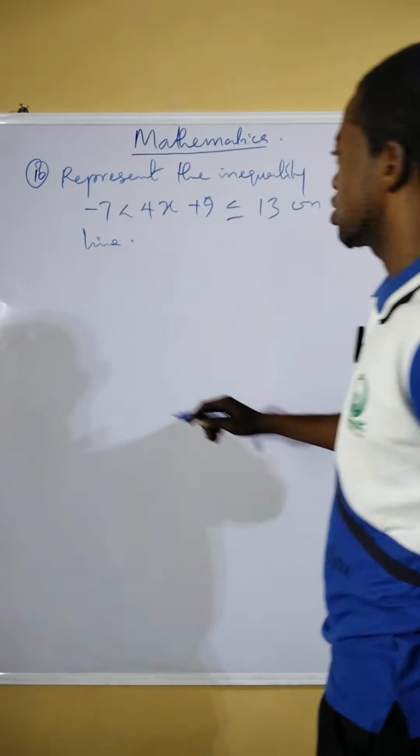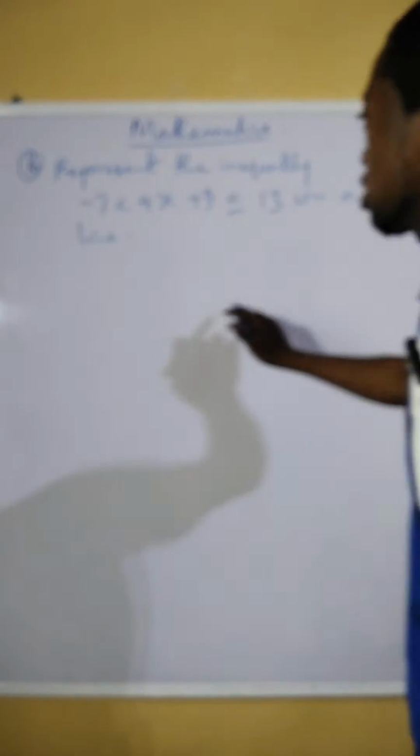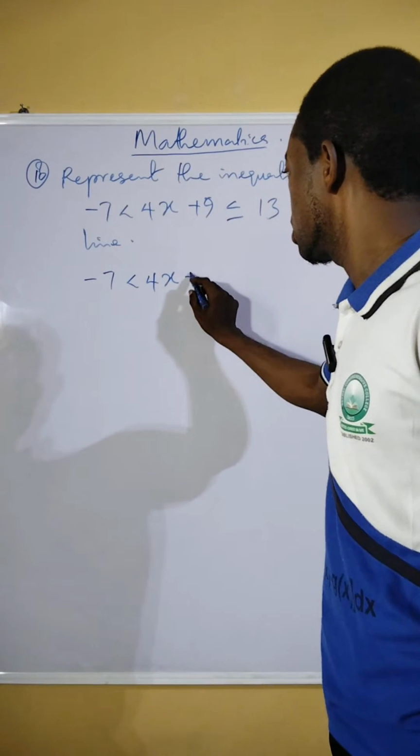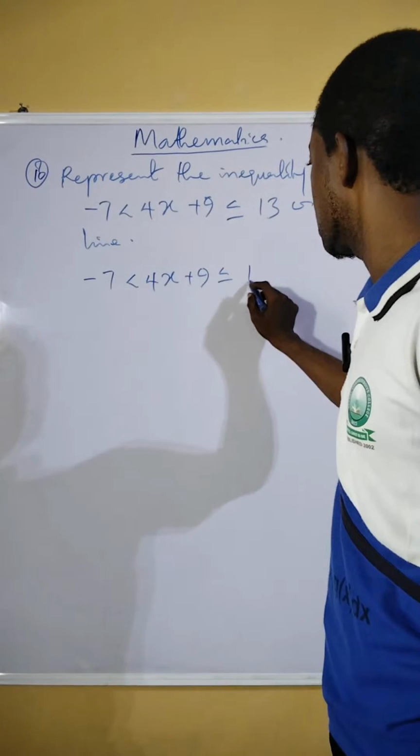So before we can represent this on a number line, we have to simplify it. What we have is -7 less than 4x plus 9, which is less than or equal to 13.